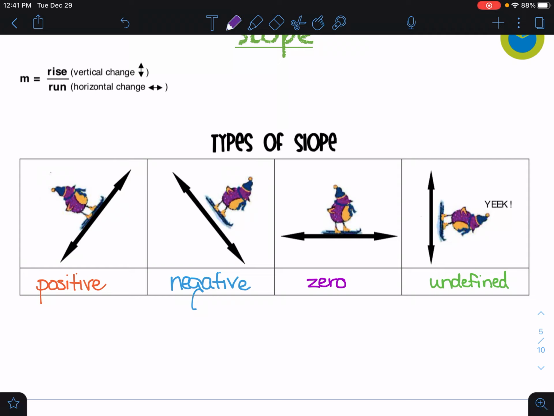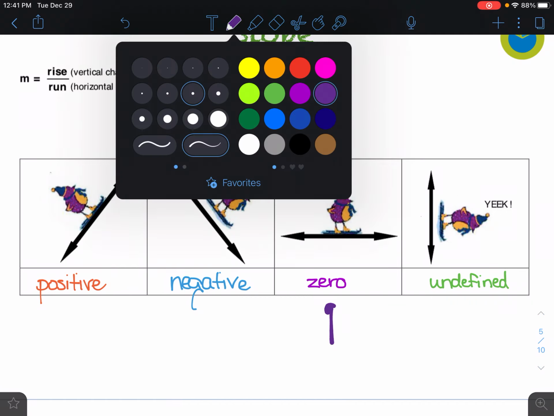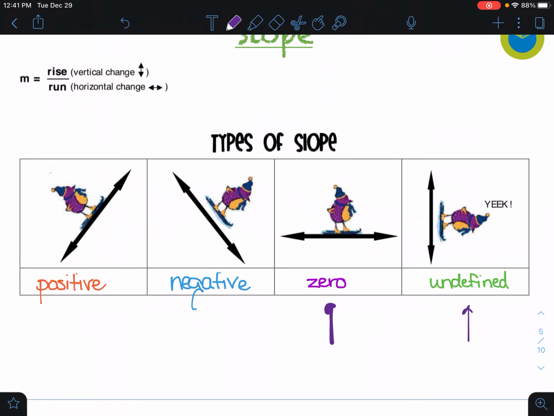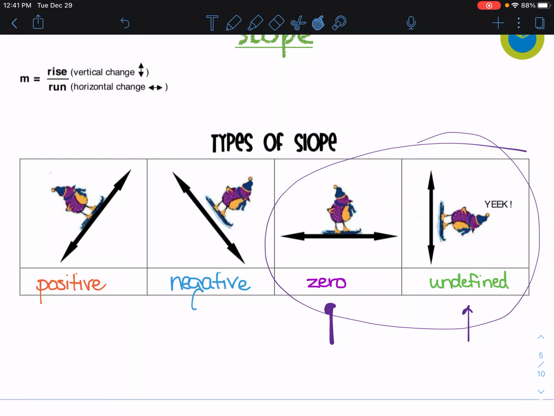So this one right here has a slope of 0, and this one right here has an undefined slope. If it's straight up and down, we say it's undefined. So these last two are horizontal and vertical lines, and we're going to talk about those right now.